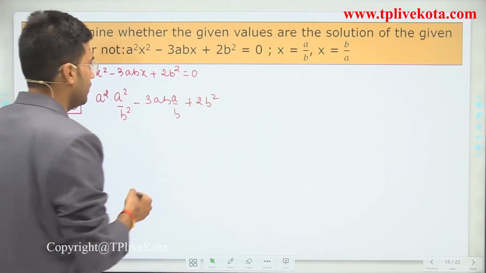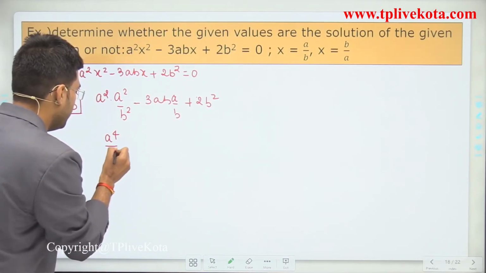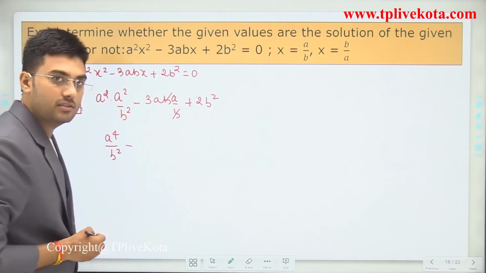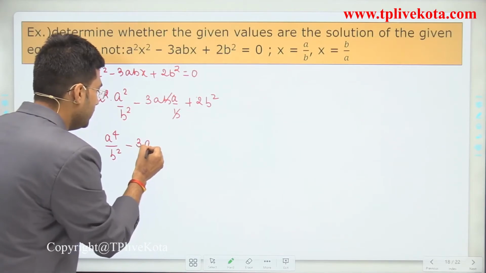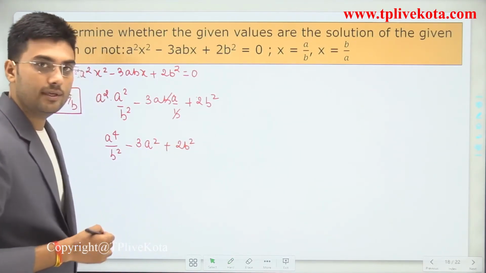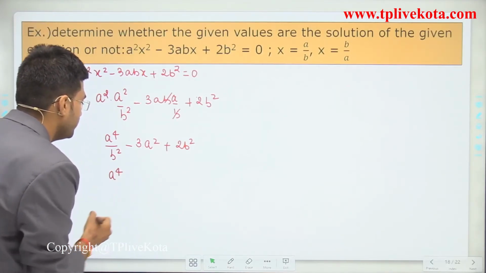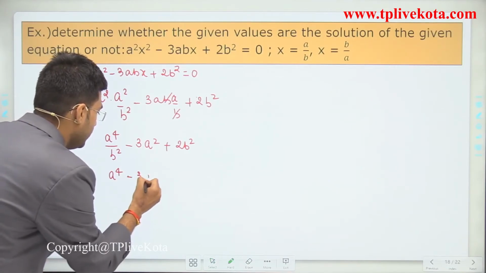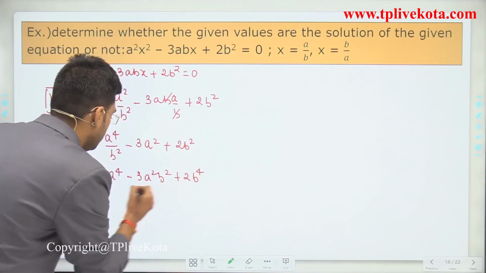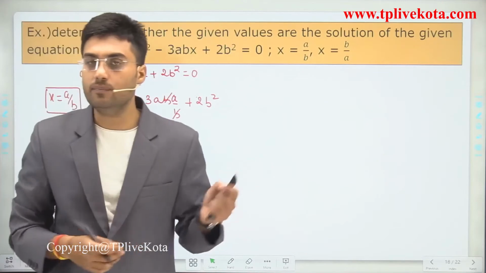Okay, now here it becomes a power 4 divided by b square, minus, this b and b cancel out, so it is equal to 3a square plus 2b square. Clear? Now it is equal to a power 4 minus 3a square b square plus 2b power 4 divided by b square. We solve it by taking the LCM b square.